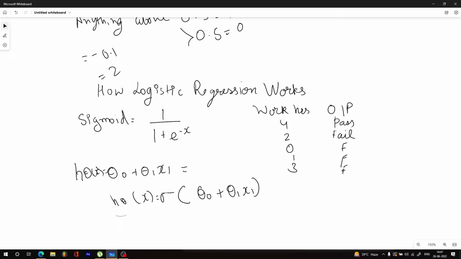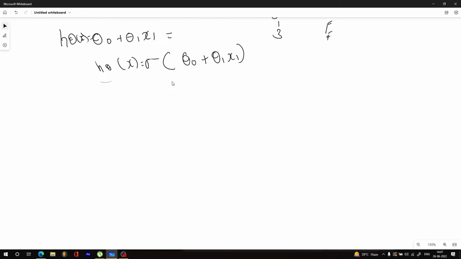We have done nothing, we have just wrapped this whole function. Mathematically, as I told you, sigmoid is 1 upon 1 plus e to the power minus x.